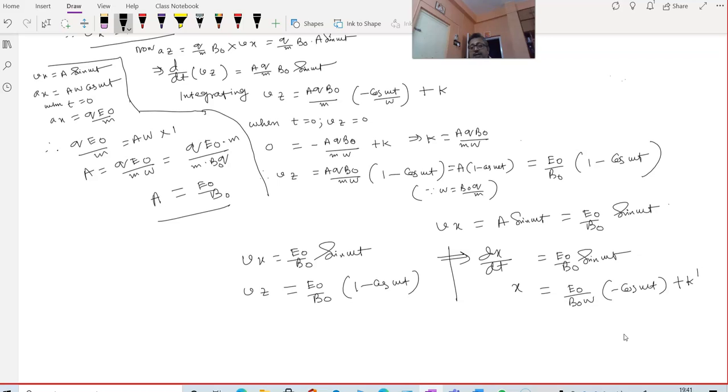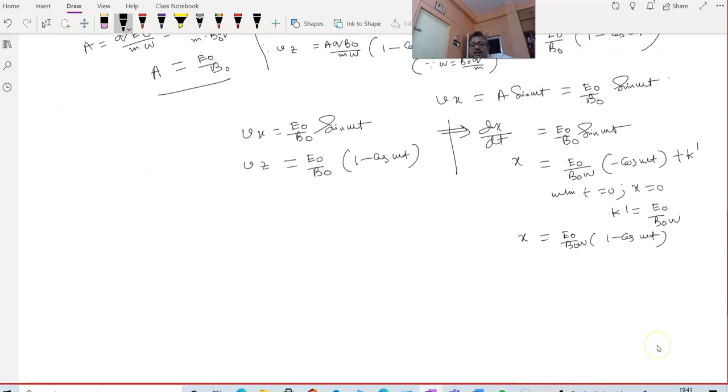plus K dashed, integration constant is K dashed, when t equal to 0, so K dashed going to be E0 by B0 omega. So you can write the value of x. See how fun is there. Every step is coming nicely.